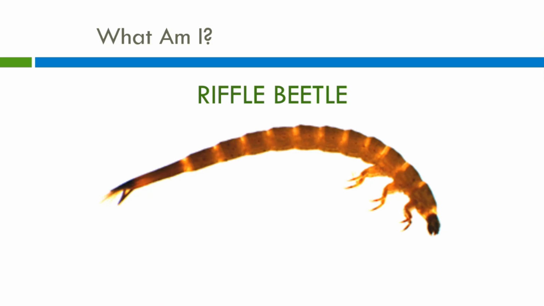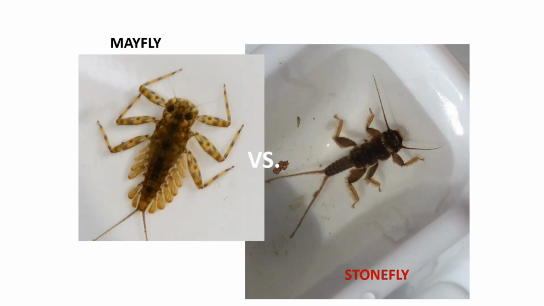So this has that coloring all the way down. And we also have possibly an operculum that's opening at the end of the body. So remember, the caddisflies will have a pair of prolegs at the end of the body. The riffle beetles will not have prolegs. They may have that operculum opening. So any questions on the riffle beetle versus caddisfly? This is one I think real life will help us make that call. Okay. So we'll move on to the next one.